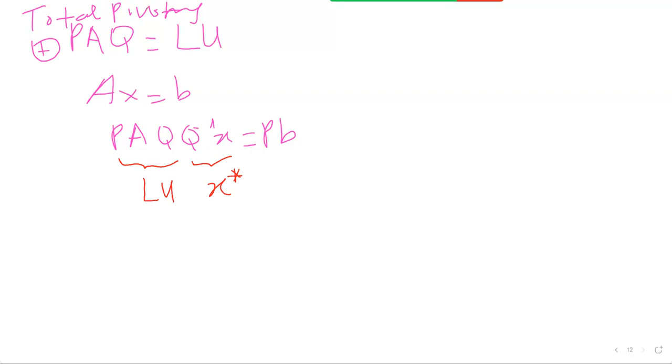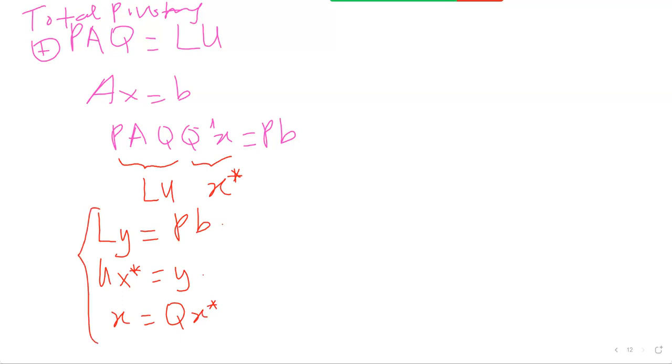In the same way, you can do Y equal to PB and UY equal to Q. So this is a case where you do pivoting both to the left and to the right. So total pivoting means you do pivoting on row and column.